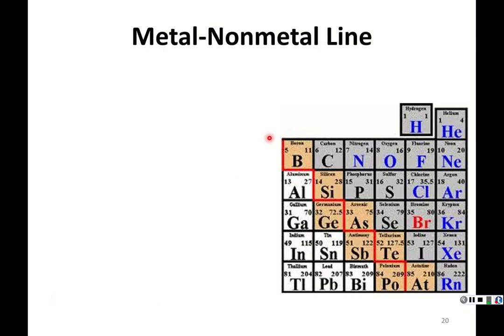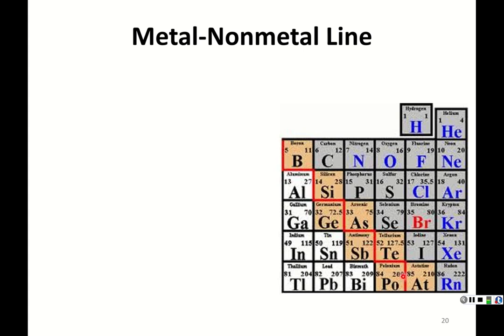And that brings in the effect of the metal-nonmetal line. Okay? So when we talk about metallic character and effective nuclear charge, there comes a point where the effective nuclear charge becomes high enough that the element switches from being more metallic-like to more nonmetal-like. And that happens at this line.